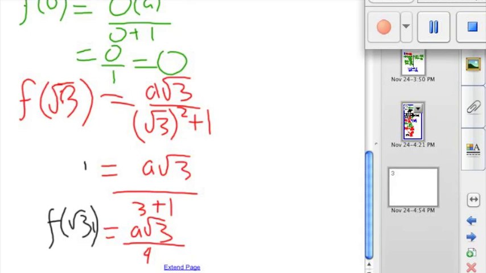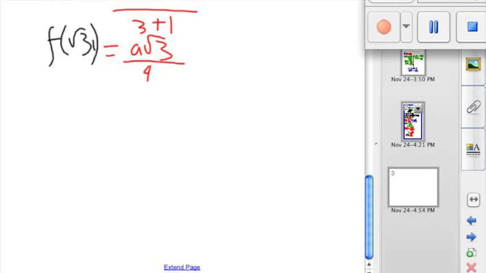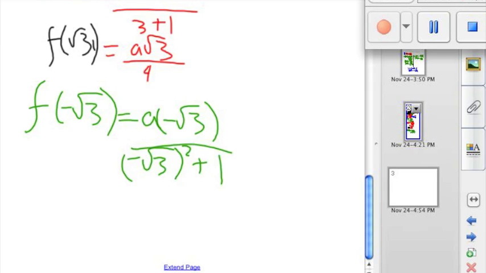Now we need to find the final one, which is f of negative root 3. So we extend the page, and we put that back into the equation: f of negative root 3 equals a negative root 3 over root 3 squared plus 1. Now that can be further simplified to negative root 3 a over, what's a negative root 3 squared?